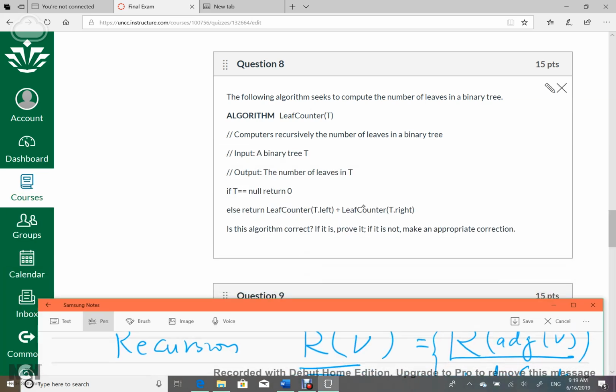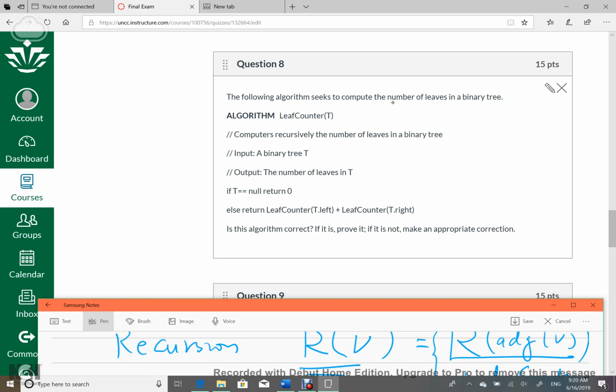So take a look at this one to see whether it stops, and does it include something to make it stop or no? You can see here leaf count of left, leaf count of right. If t equal to null, return 0.